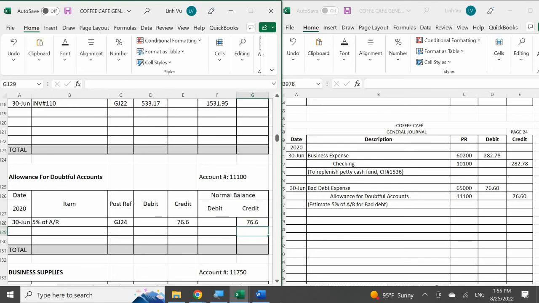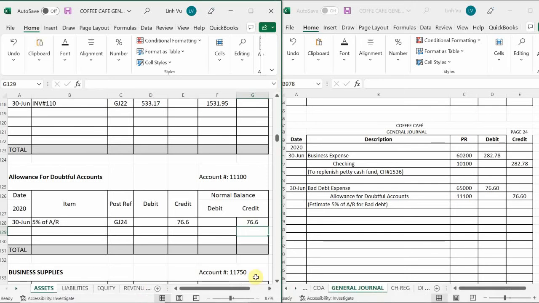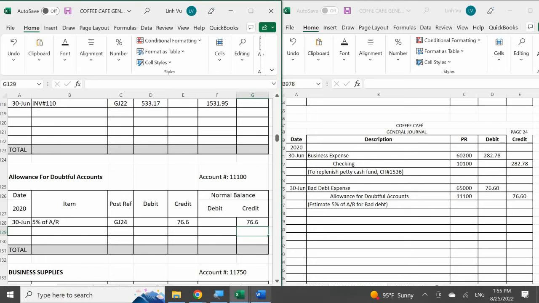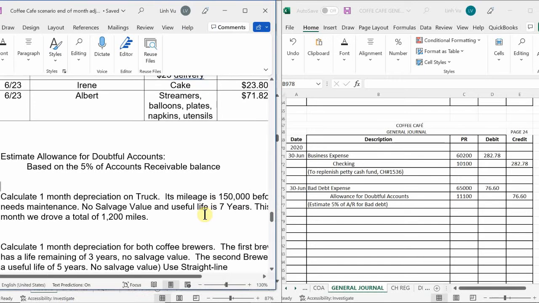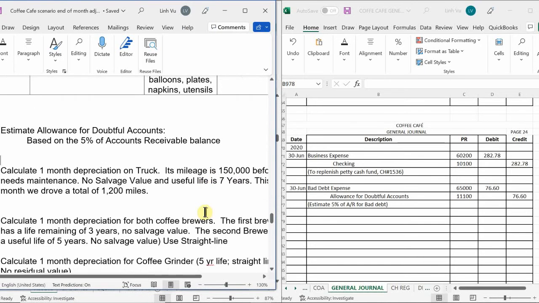So, subsidiary ledger or no? No, because it was an internal transaction. Okay.